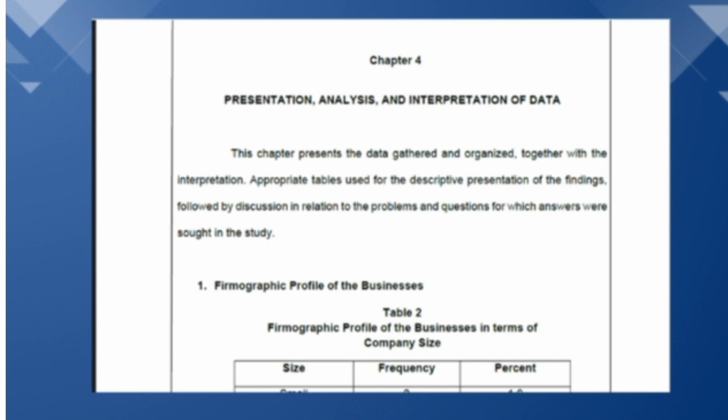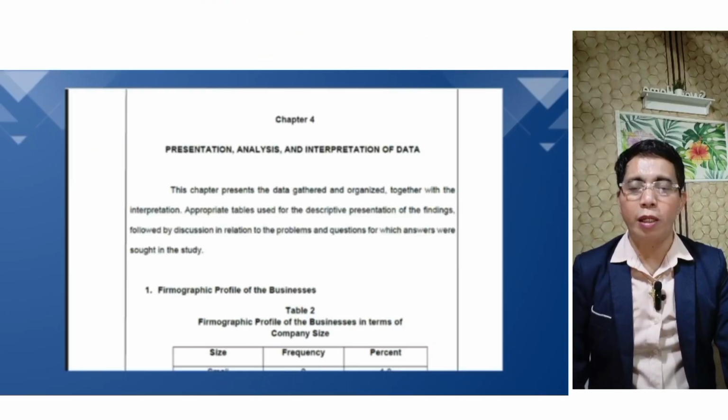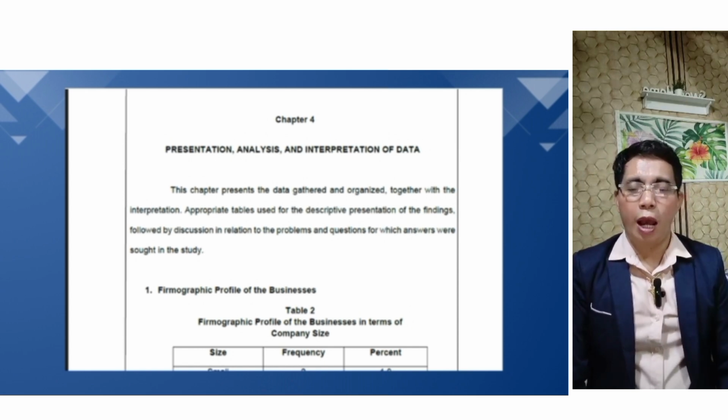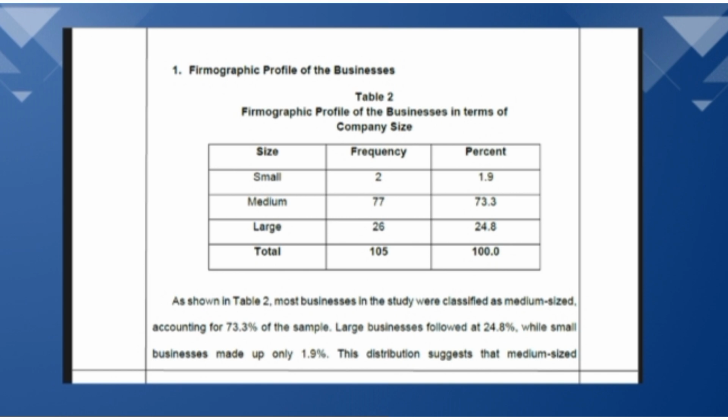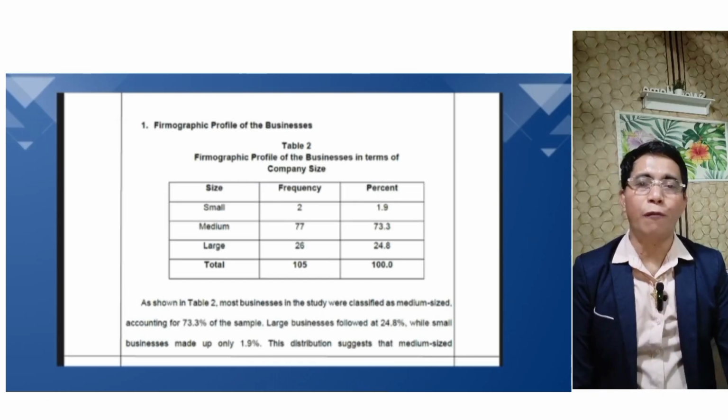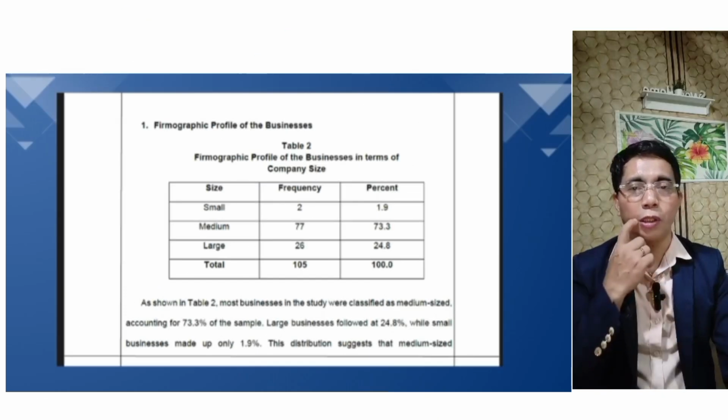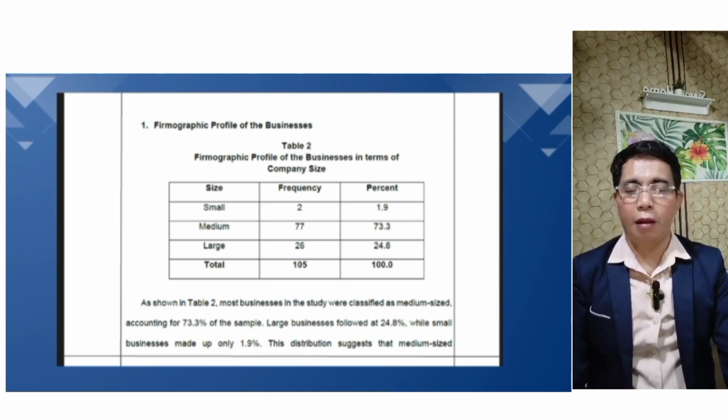The sample of this study will be lacking the transitionary statement, because in this area, before the firmographic profile of the business, you need to state that Table 2 presents such and such, in order to have the transition for that particular area.